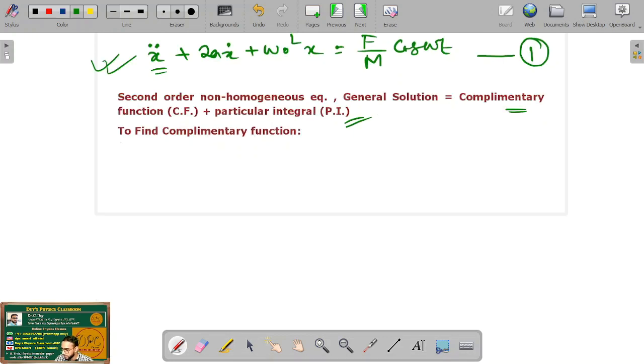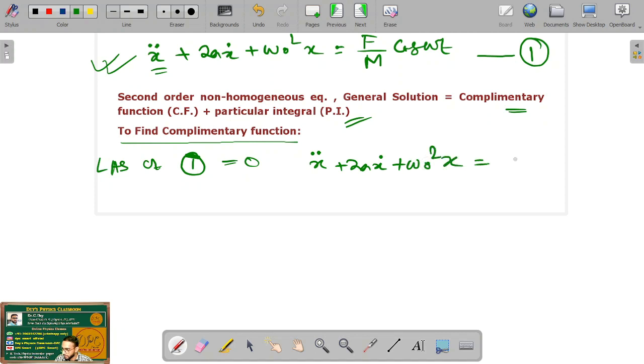Now to find the complementary function, we have already done it in the damped harmonic vibration video. There we took the left hand side of equation 1 as 0. So x double dot plus 2a x dot plus omega naught square x equals 0.